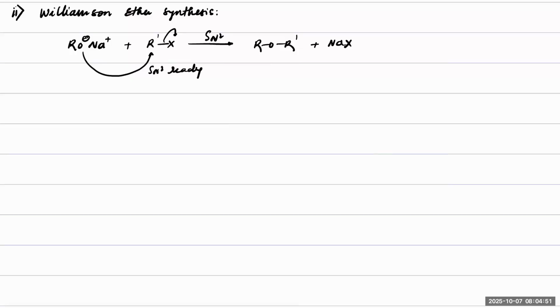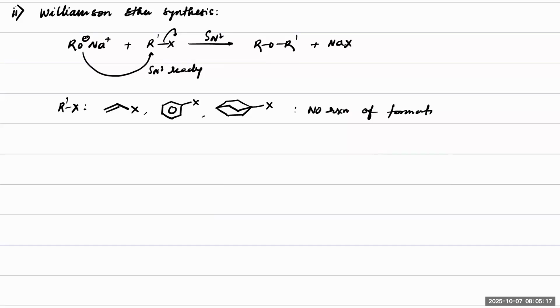So if R dash X is phenyl chloride, or if you have a halide like this at a bridged position, then no reaction will take place, no formation of ethers. Correct? So that's the one thing you need to understand. Clear? And other than that, we also discussed in which cases products will not be forming at all. I'm not discussing that part, so we'll leave it there.